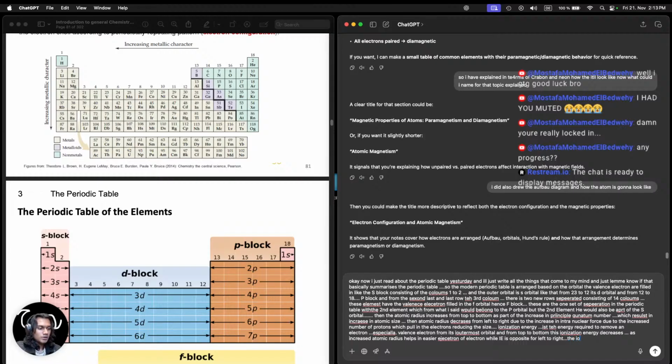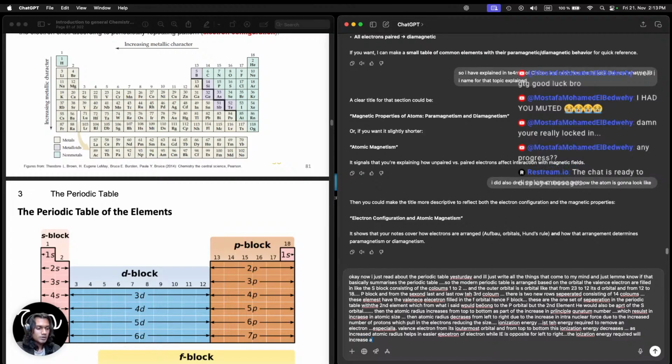The ionization energy required will increase, as a smaller atomic radius means more intra-nuclear effect for the electron to be ejected.